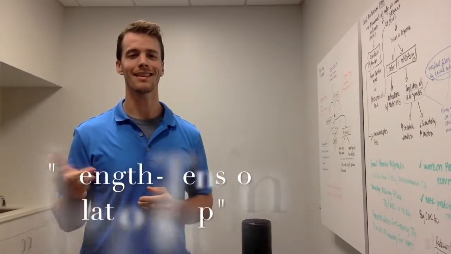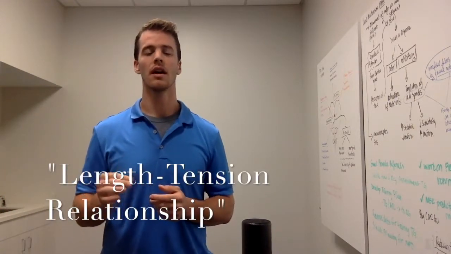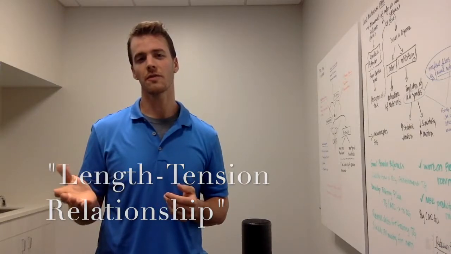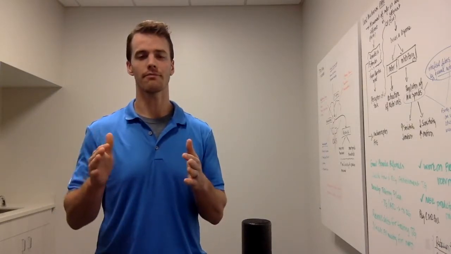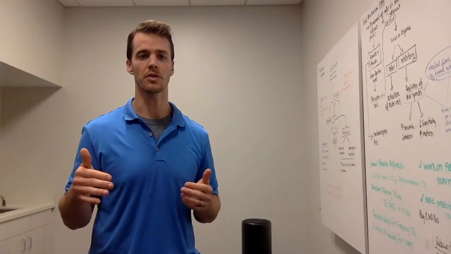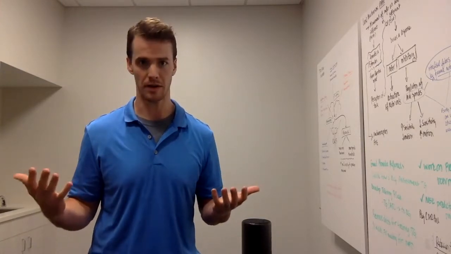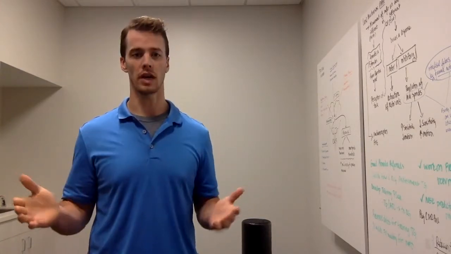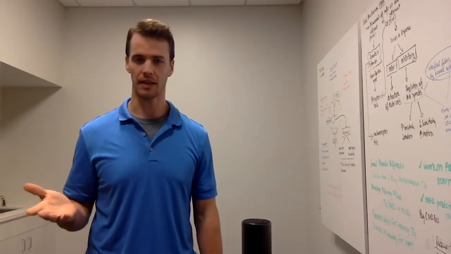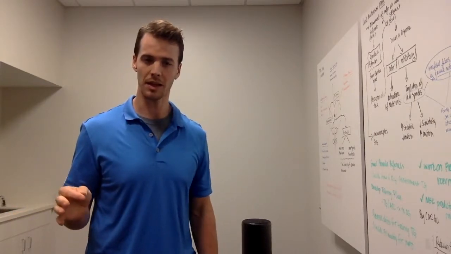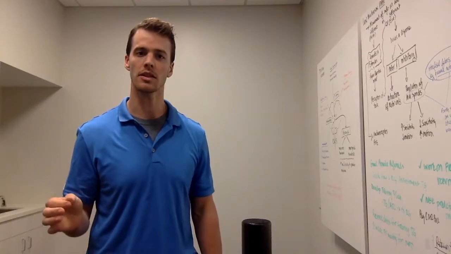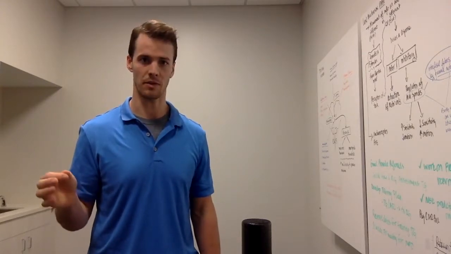And the last one, length tension relationships of muscles. Length tension relationship is referring to that range of motion at which you can produce the best amount of force with your muscles. Among the scientific community, we don't fully understand the length tension relationship only because we still don't fully understand the contractile mechanisms of a muscle.